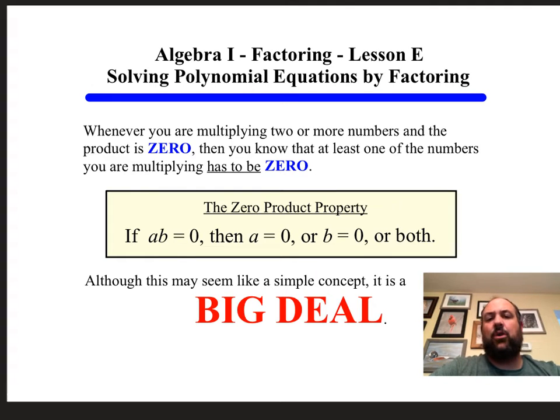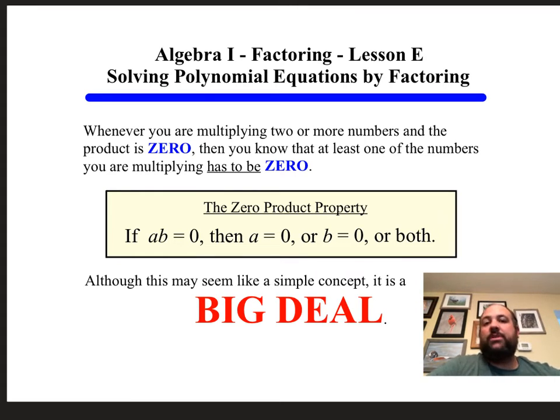Before we get into solving though, the first thing we want to talk about is this thing called the zero product property, and you can see it here in the middle of the screen. It says if a times b equals 0, meaning if I have two factors and I multiply them and I end up with 0, what we know is that either a is equal to 0, b is equal to 0, or maybe they're both equal to 0.